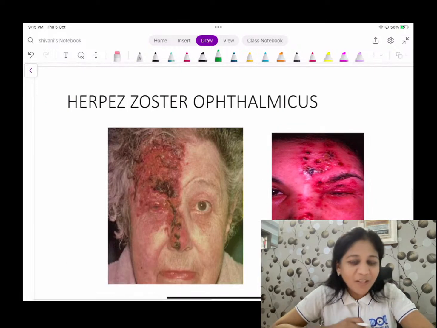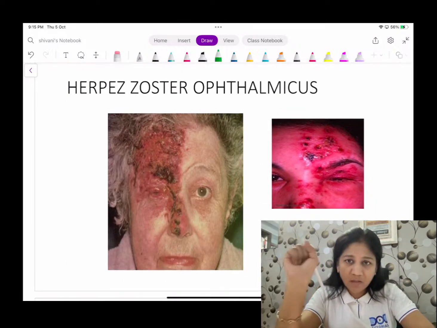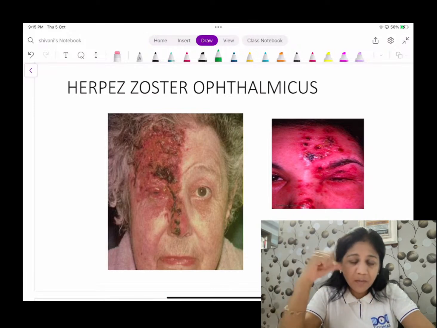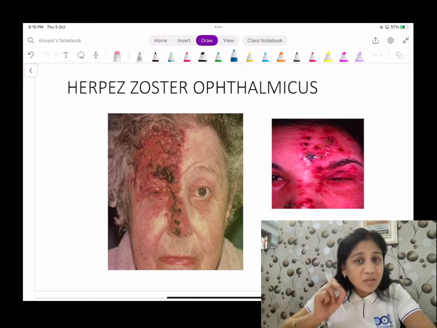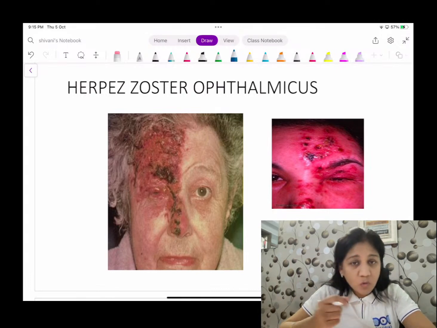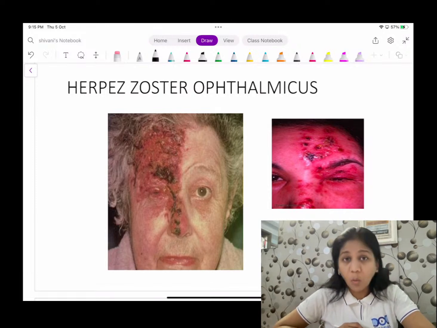Now something for you, a picture question. If they've given you this image, they can ask various questions like which nerve is affected, which rule is being followed, and what is the picture. First of all, this is nothing but HZO.